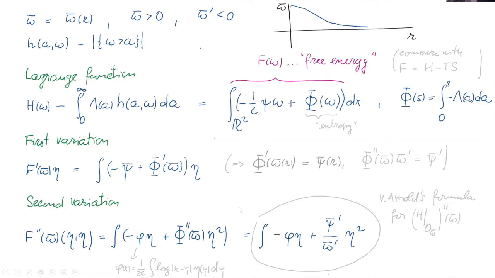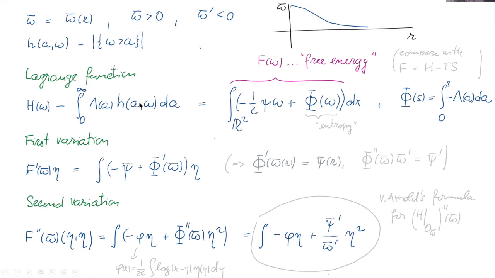So now we can go to our Lagrange functions. Everything is very similar to what it was in finite dimension. So we have our energy. Now these are our constraints, now parameterized by A instead of J before. And these are our Lagrange multipliers. So we take the energy minus a combination of these constraints by Lagrange multipliers.